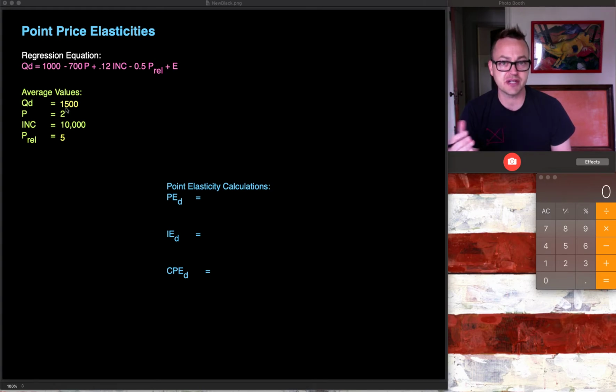Quantity purchased of the good or service was 1,500 on average across these locations. Average price was $2. Incomes varied by location, but the average was $10,000, and the price of some related good was $5. Okay, and that's the descriptive analysis.